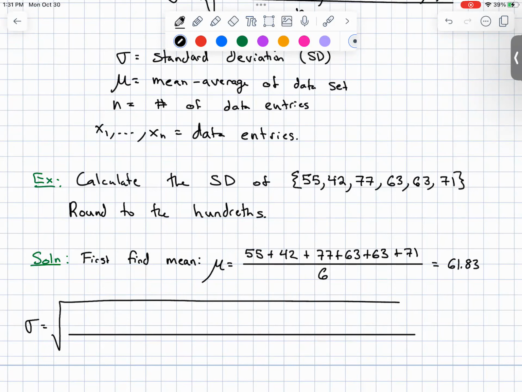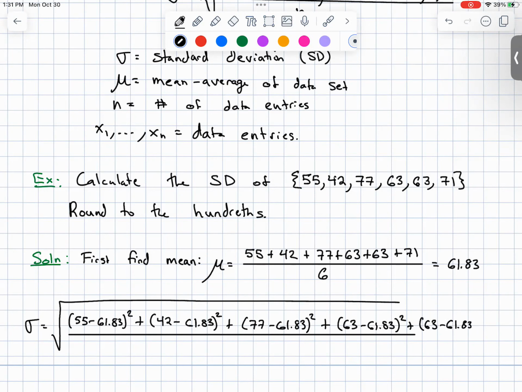Okay, so we're going to do the first data value, 55, minus our mean, 61.83 squared, plus our second data value, 42, minus 61.83 squared, plus our third data entry, 77, minus 61.83 squared, plus our next data entry, 63 minus 61.83 squared, plus 63 minus 61.83 squared, plus, and I did not give myself enough space.